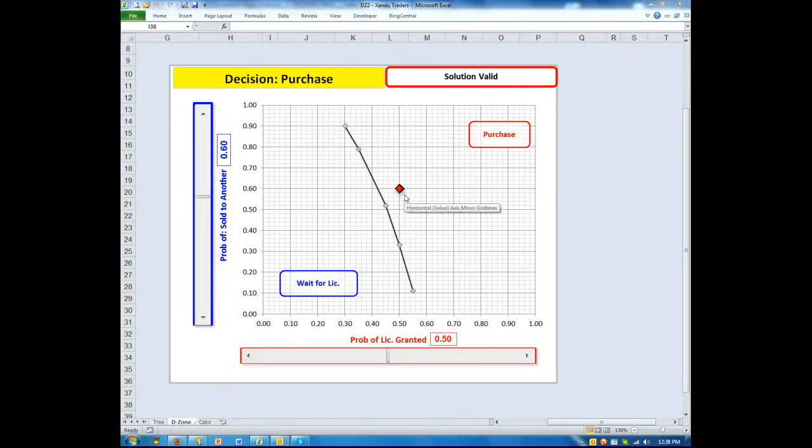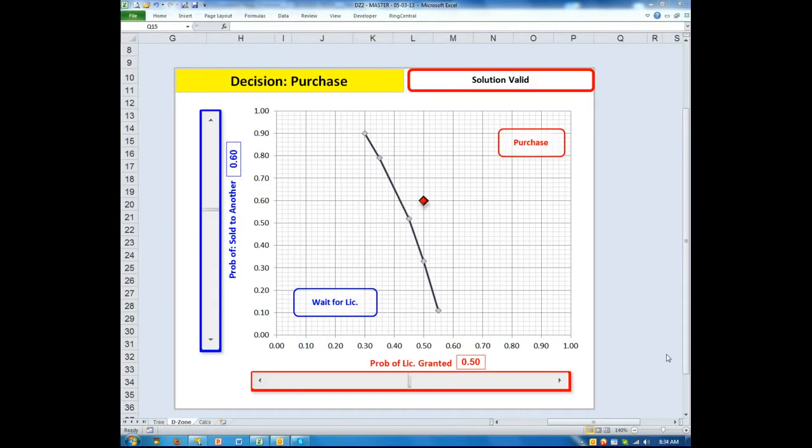So these are the degrees of freedom you have in the decision making process. This is a problem where the decision maker had 2 choices: purchase or wait for the import license. What happens when we have 3 possible options? Well, let's take a look at one.